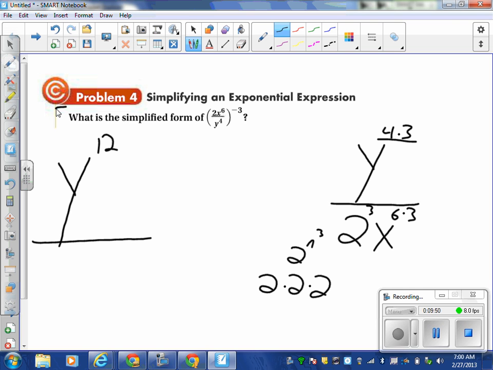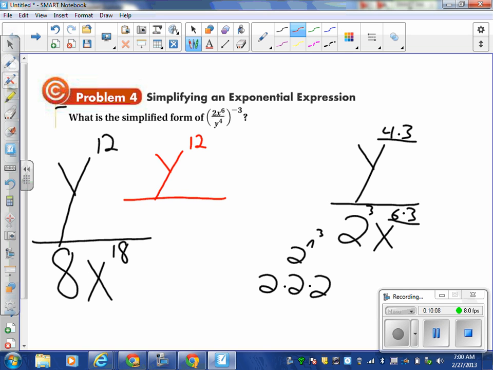So 2 raised to the 3rd power is 8. And then we have x to the 6 times 3, which is 18. So our final answer would be y to the 12th power over 8x to the 18th power.